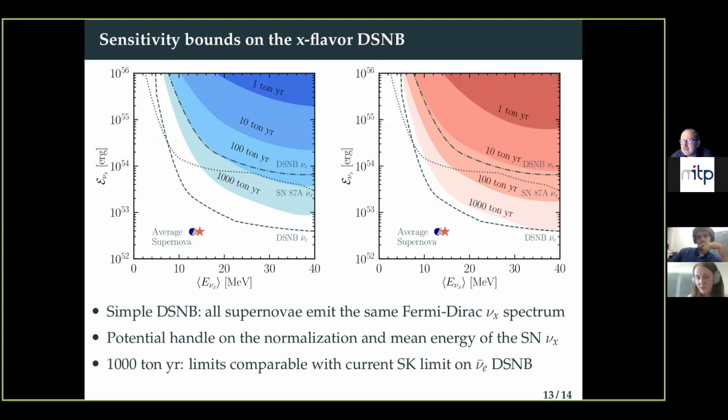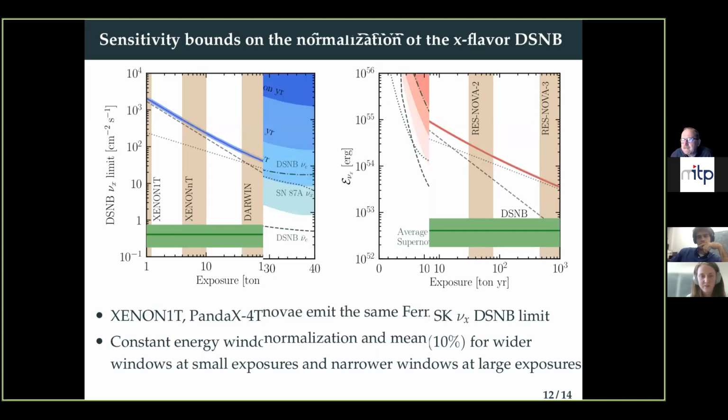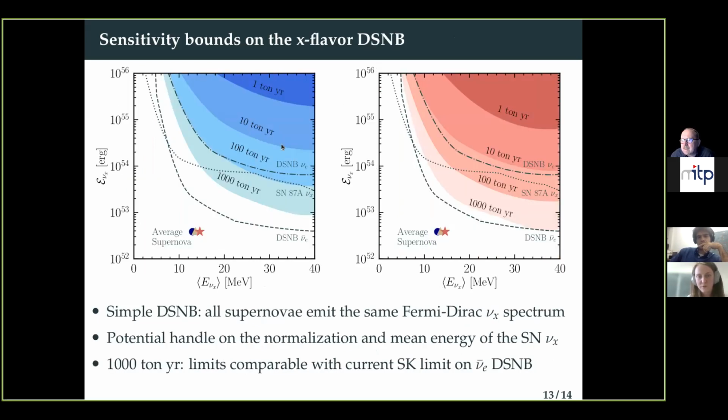This is because, if we look at the exposures up to around 100 ton-years, we can see that the limits on the electron and anti-electron are already much lower than these limits. Only starting at 100 ton-years do we need to include the electron flavors in our modeling, and at even larger exposures, we will need to include the nu bar.